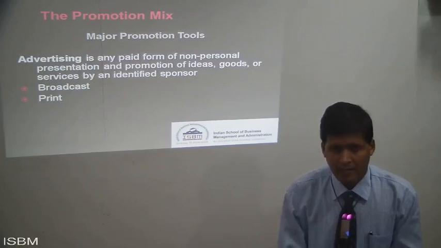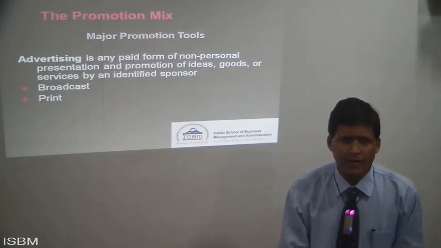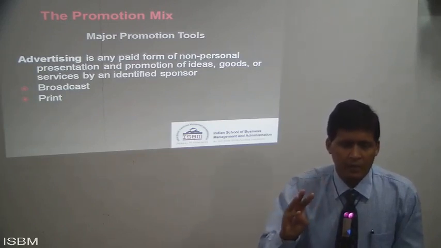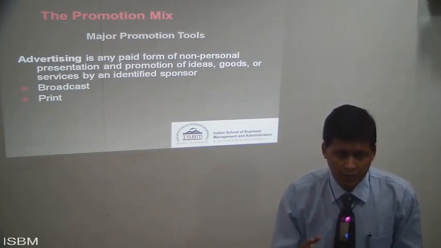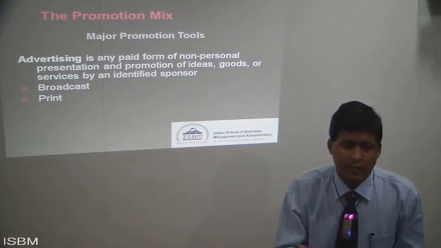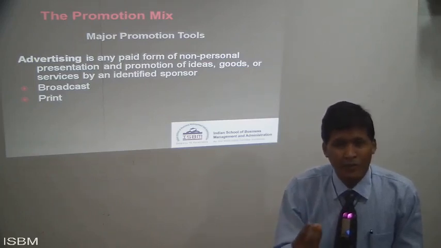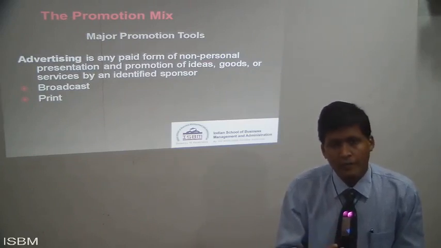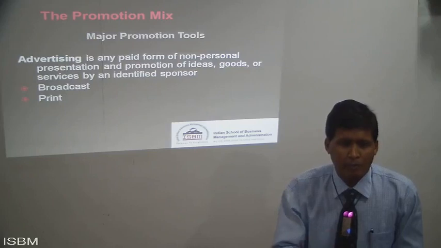All these are broadcast, or it could be print media where the company puts its advertisement in Naukri or Monster. That's how you broadcast the available or vacant positions that a company has. Two, it could put it up in print media.